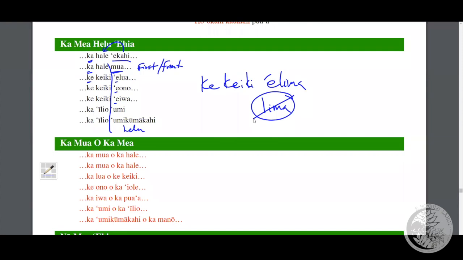Okay, let's look at the related expression of this. Read below. And you notice it changes some of the focus. So where the first one is saying kahale ekahi, the first house, in the one below you notice it's saying the first of the houses, or the first house also.